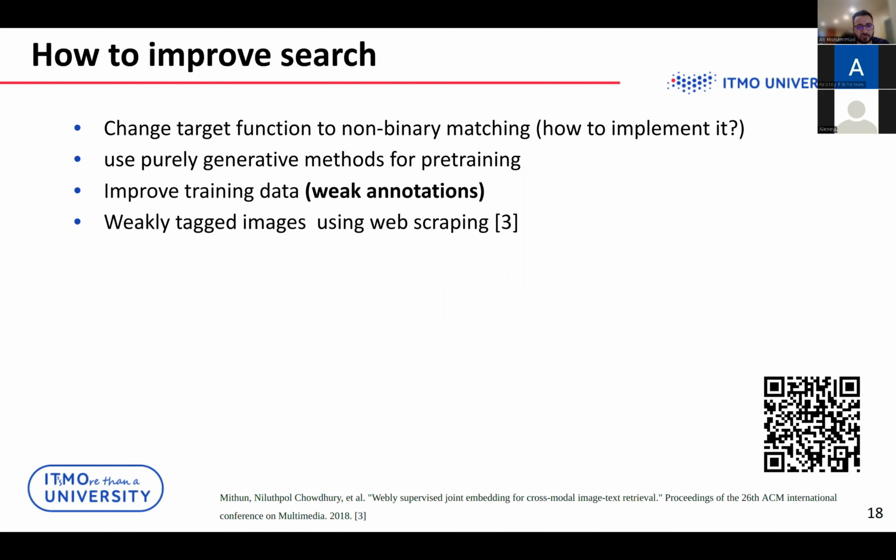This question arises obviously in text processing and text generation a lot, because you can describe any situation with a very large, even infinite, number of phrases. And there is actually very good research on how to work with this non-binarity.